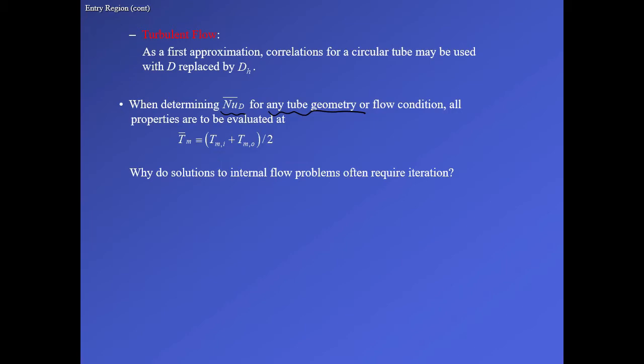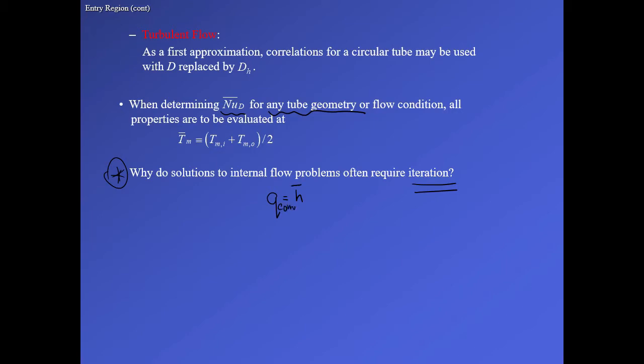Now a question for you: why do solutions to internal flow problems, like in a pipe or a duct, often require the use of the method of iteration? The answer is that whenever you solve internal flow problems, your Q is dependent on your h value.